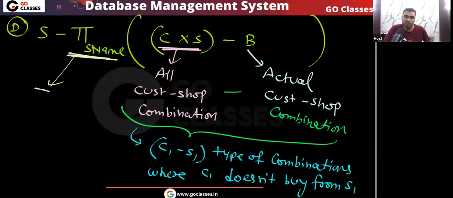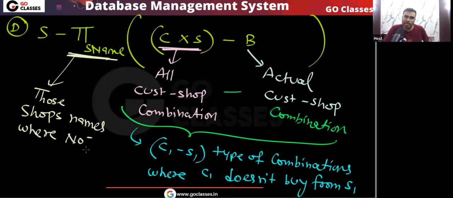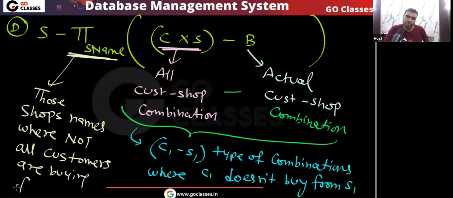These are those shop names where not all customers are buying. Yes or no? Are you getting my point? Where not all customers are buying from. Okay, is this clear?